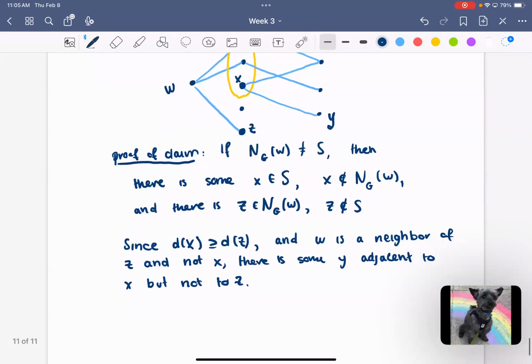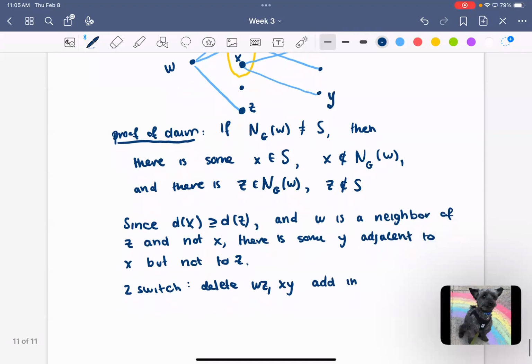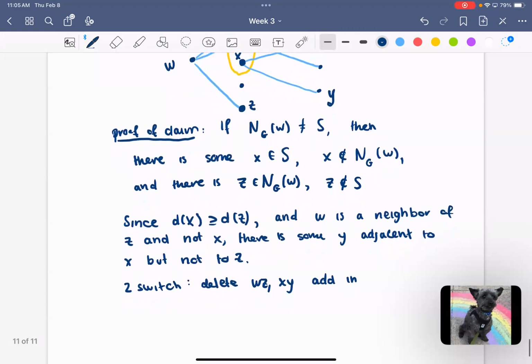Okay, so then the two switch that I'm going to do is I'm going to delete WZ and XY, so those two blue edges that I have, and then I'm going to add in WX and ZY.